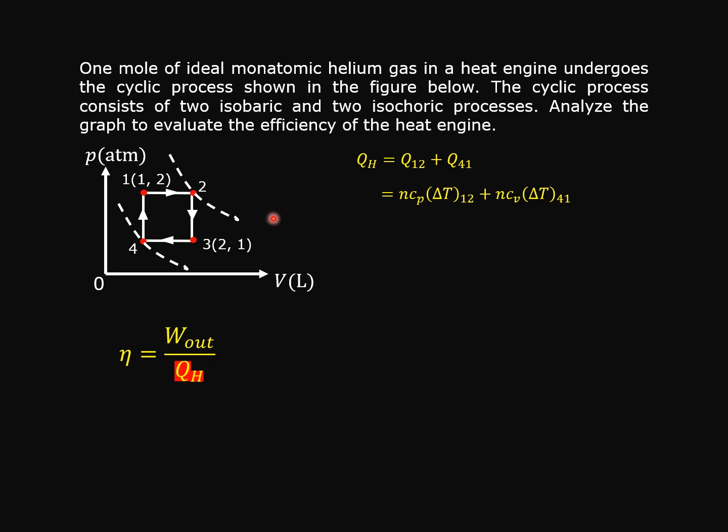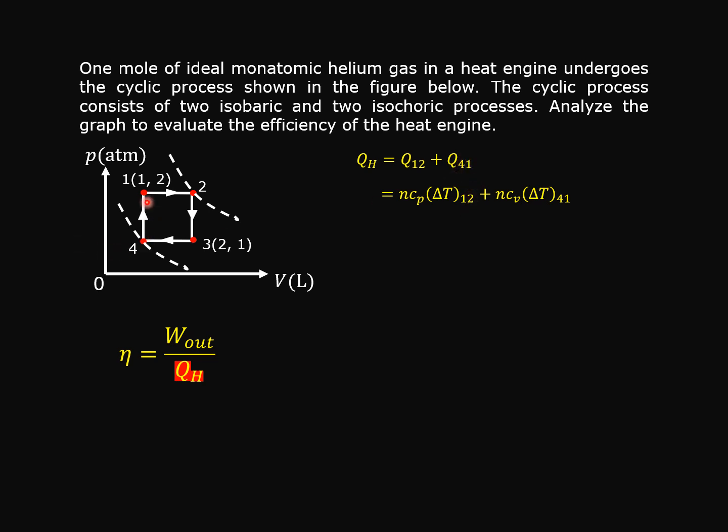QH is equal to Q12 plus Q41. And Q12 is the isobaric process. The Q, the heat flow into the system, can be calculated by using the formula nCp delta T from the process of state 1 to state 2.